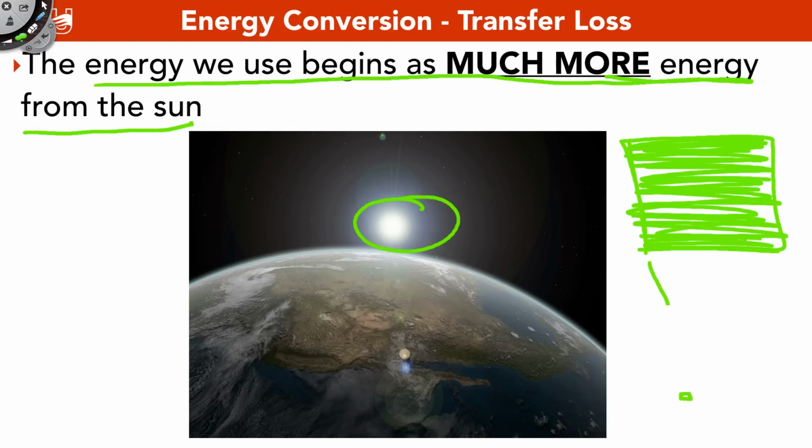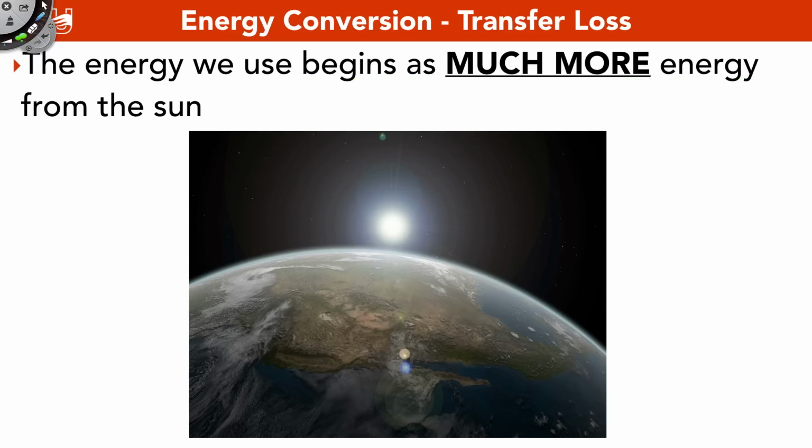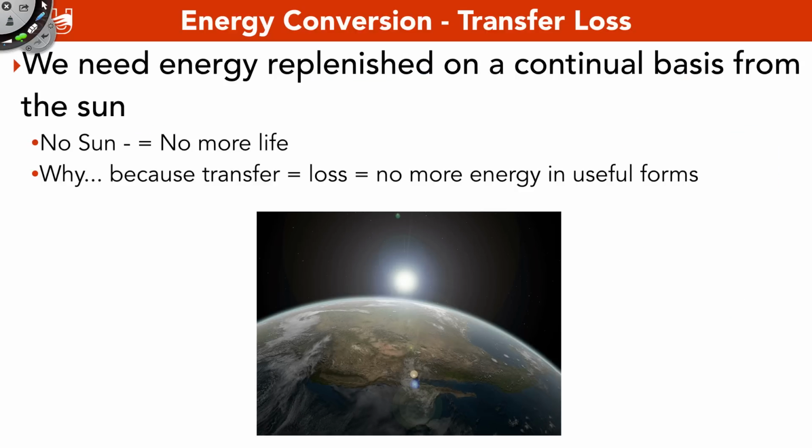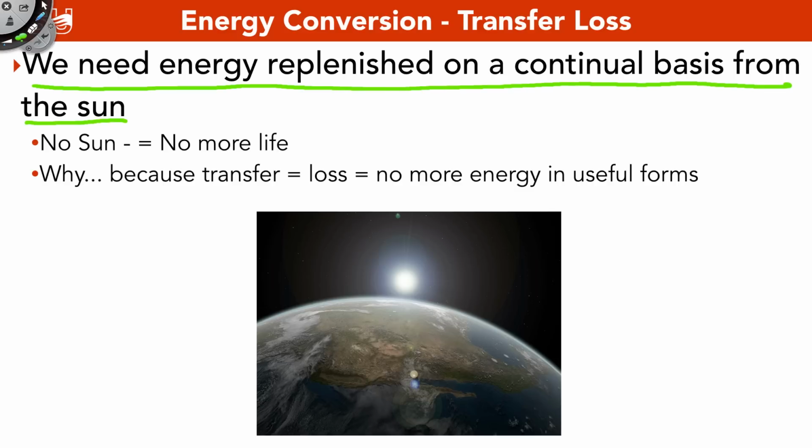Okay? And that is due to that loss at each transfer. We need to replenish our energy on a continuous basis. Which is to say, no more sun, no more life.